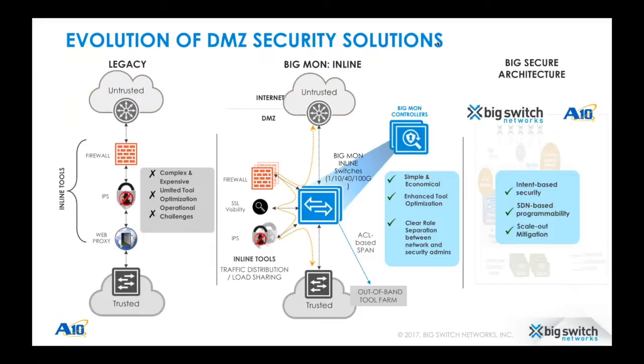So we'll have Rich from A10 go through this, but as Rich goes through this architecture, we will see how SDN enables software-defined security and intent-based security to combat next-gen cyber defense. Over to you, Rich.